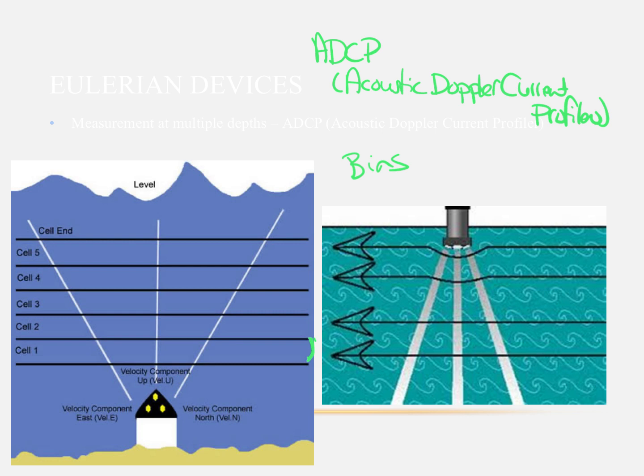And so it can tell me that in this area right here, the water is traveling at X speed in X direction. In this area here, on average, the water is going at X speed in X direction. So those are the bins. These are very expensive. They can be about $80,000. So they're not cheap, and so we don't have one.